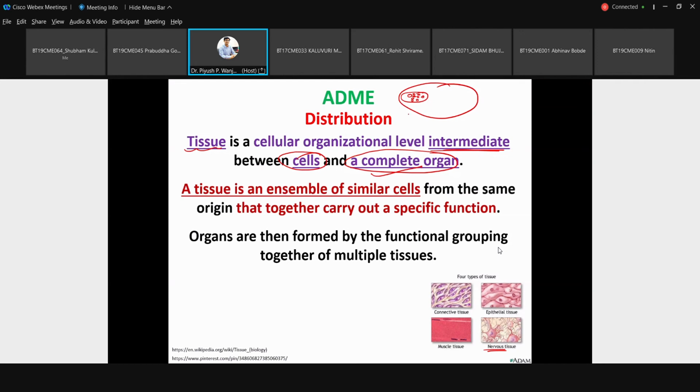Tissue is the intermediate level where the pharmaceutical molecule ultimately tries to reach, and from there it tries to enter the individual cell where it finds the particular receptor and binds. Okay.